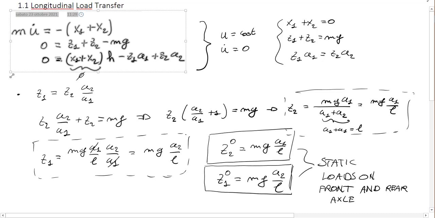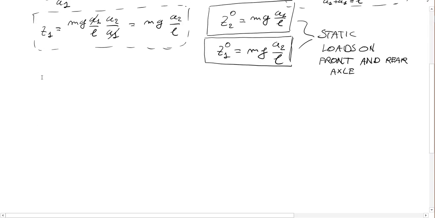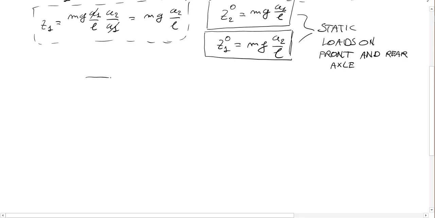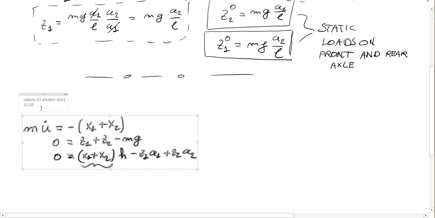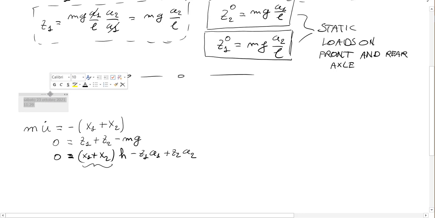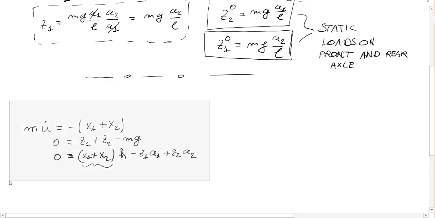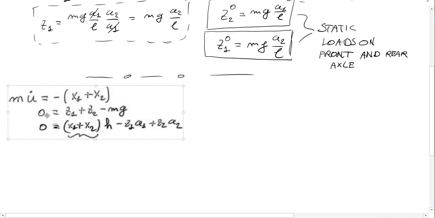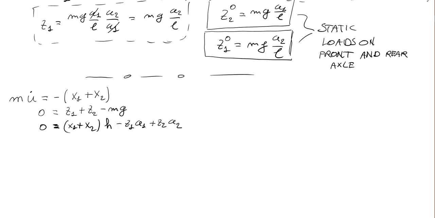Let's copy and paste to have some space, and let's consider another scenario. Okay, now that we know what the static loads are from the front and rear axle, we try to study a general situation.